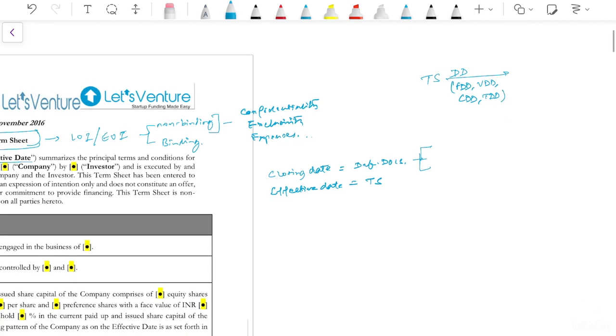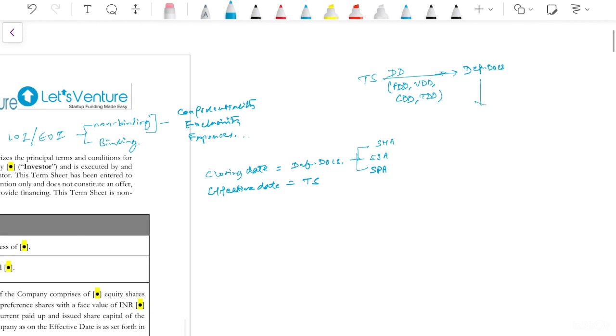Once the due diligence is completed, the investors and the company or the founders they come and sign together definitive documents. Definitive documents means the shareholders agreement, the share subscription agreement, and in case there is a secondary round, the share purchase agreement. So here we have our closing date when this is executed. Here we have our execution date.